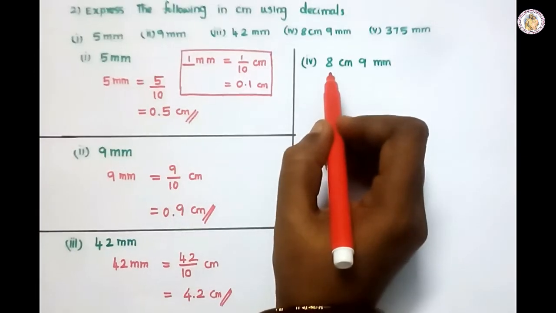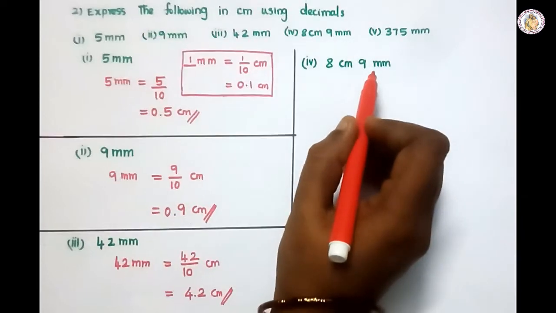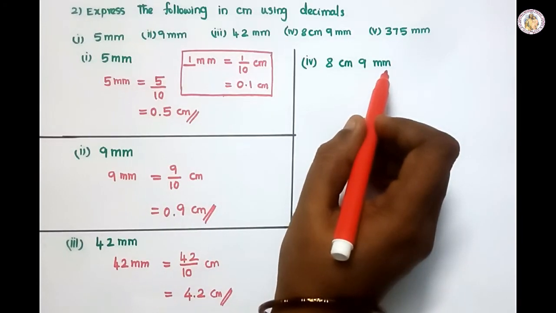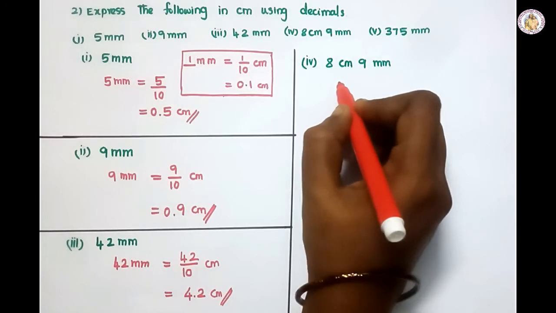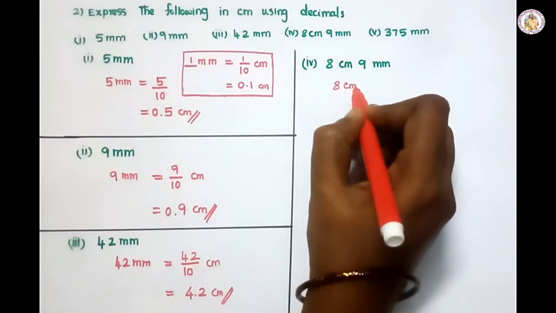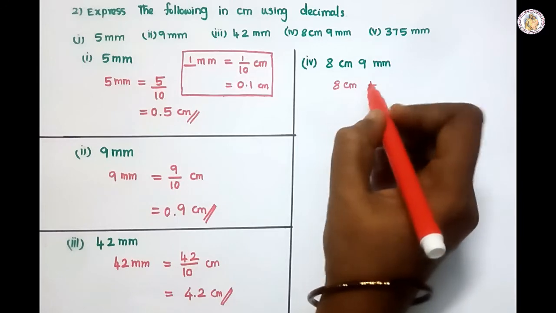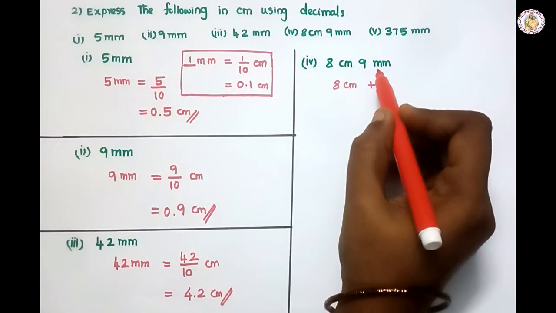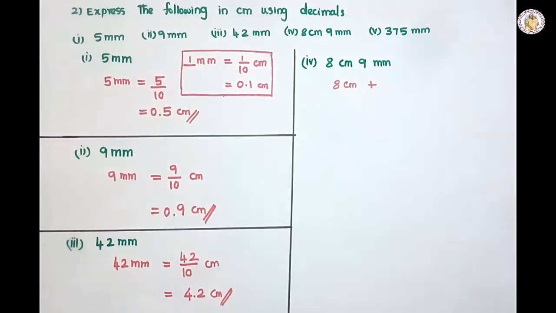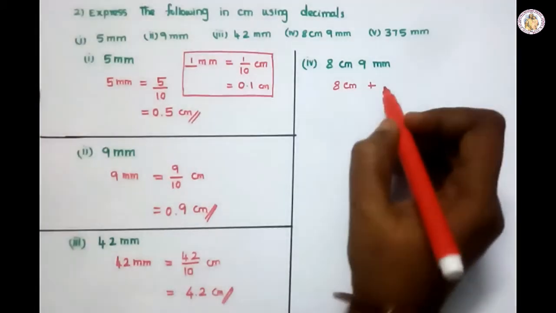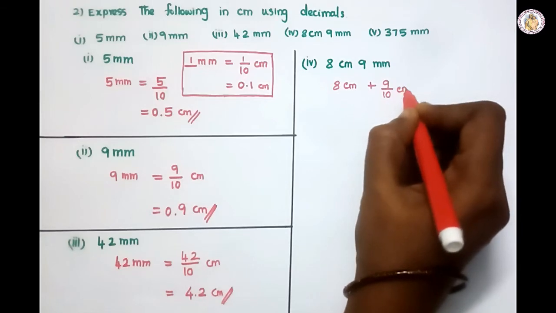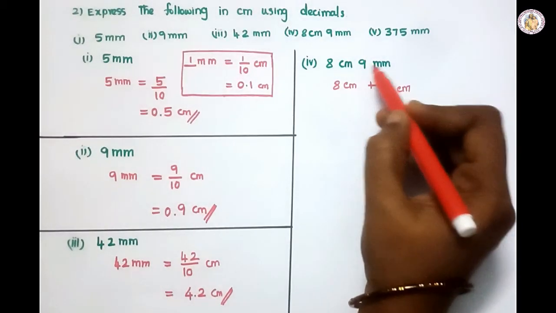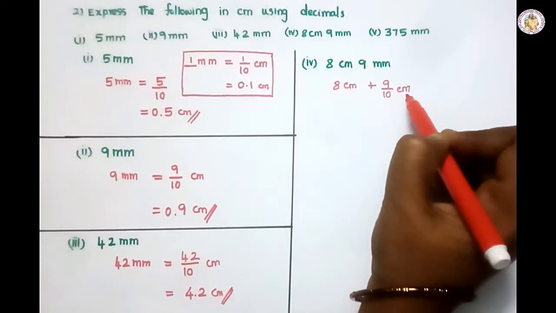Next one, 8 centimeter 9 millimeter. As 8 centimeter plus 9 millimeter as 9 by 10 centimeter, right? 9 millimeter equals 9 by 10 centimeter.